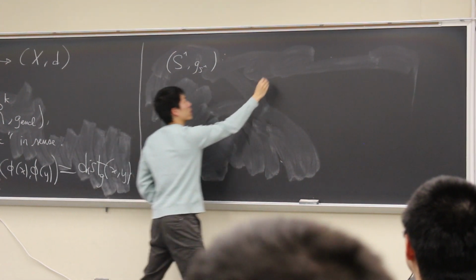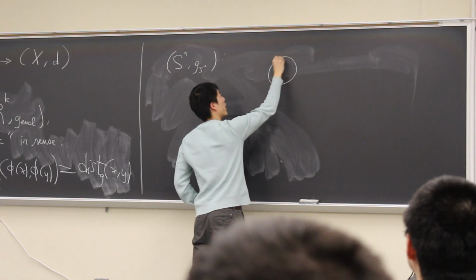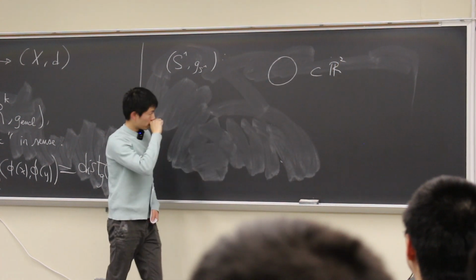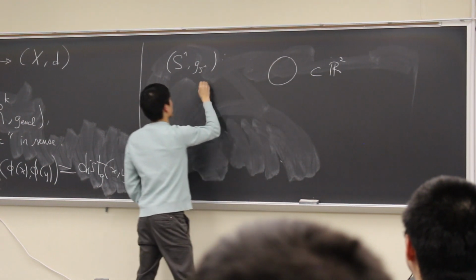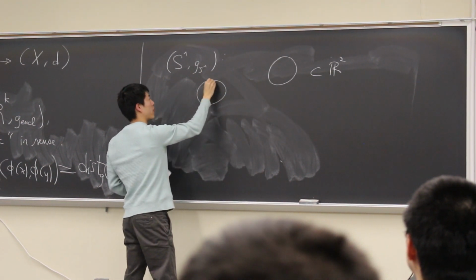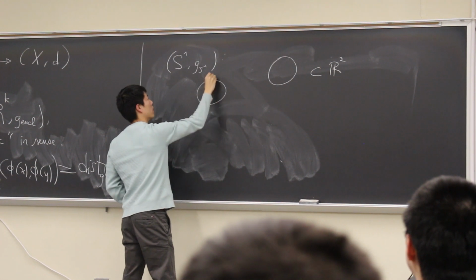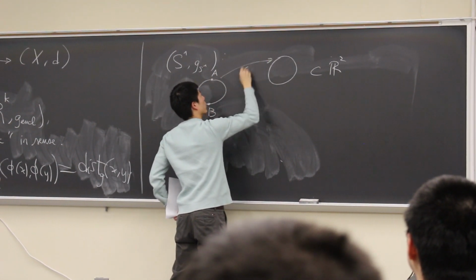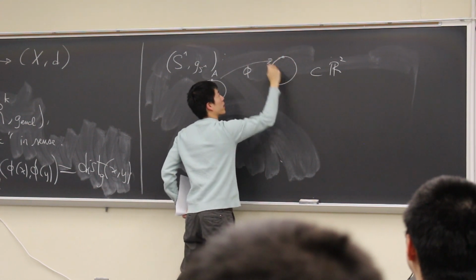And S1, you can embed it in the standard way in R2. So here, this is the abstract S1. Let me give you 2 points, and it's mapped inside R2.